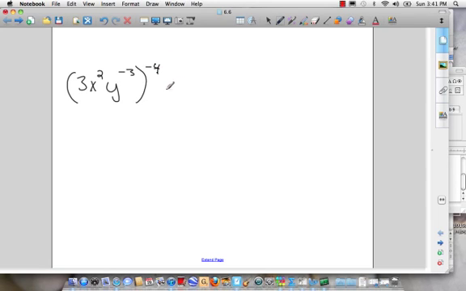So what I'm going to do essentially is distribute this outer exponent. Everything inside is going to be raised to the power of negative 4: 3 to the negative 4, x squared to the negative 4, and then y to the negative 3 to the negative 4. And all the rules we've learned about exponents are still true.